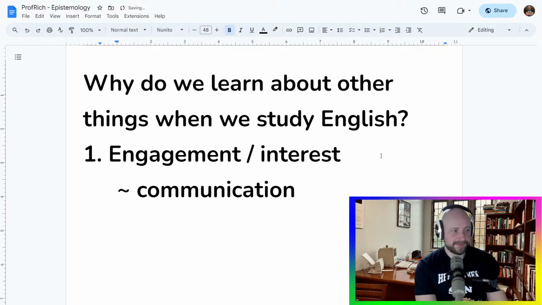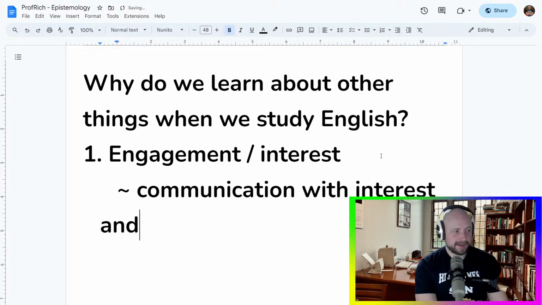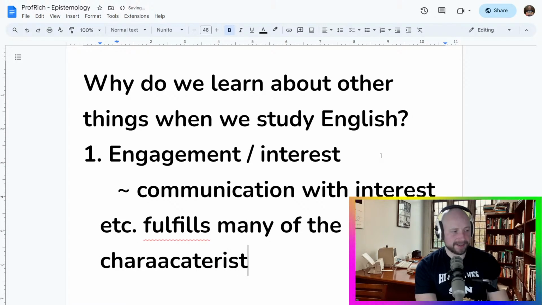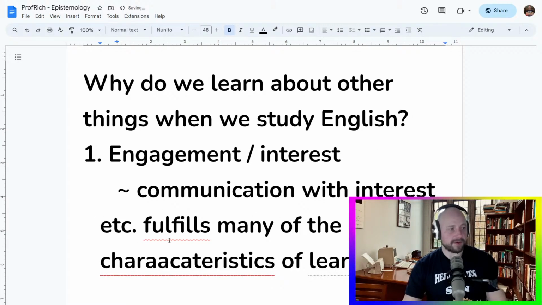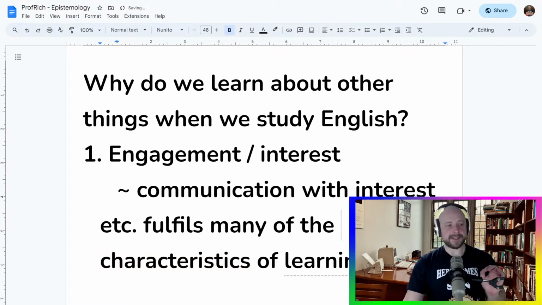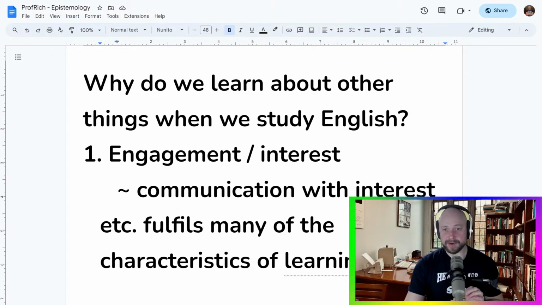communication with interest, etc., fulfills many of the characteristics of learning. So, in other words, for learning to take place, we need certain things to happen.